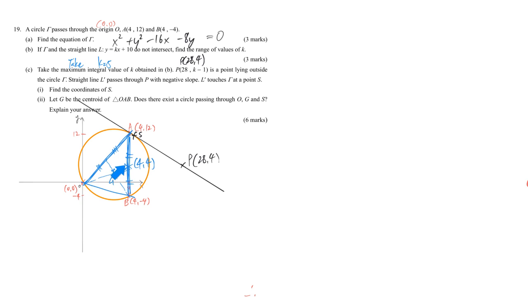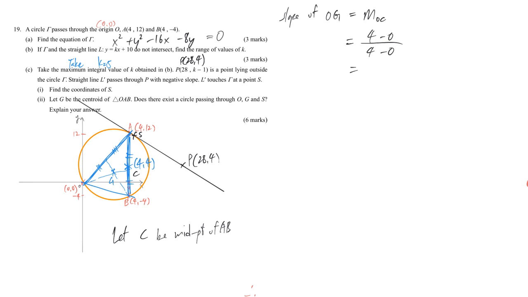To check whether they are collinear, we want to know the slopes OG and OS. Are they the same slope? If they're the same slope, that means it is collinear, because they have the same starting point O here. So the slope of OG means the slope between O and the midpoint of AB. Just simply let the point C be the midpoint of AB. Slope of OG means the slope of OC, they are the same. So we get (4, 4), we use 4 minus 0 over 4 minus 0, which is 1.